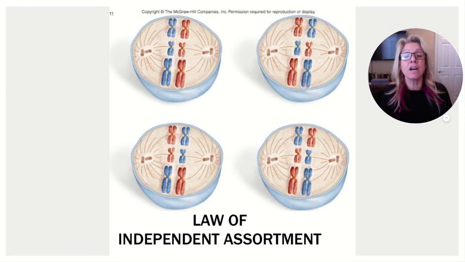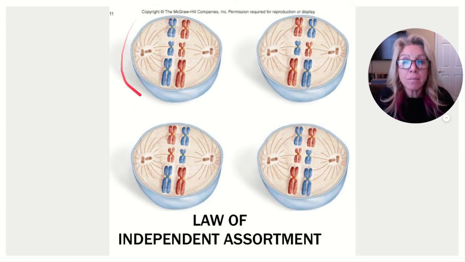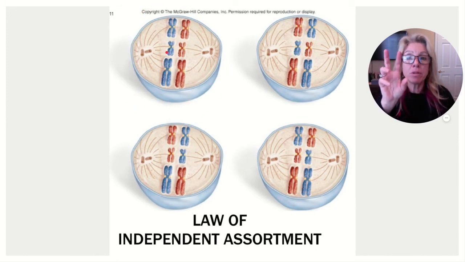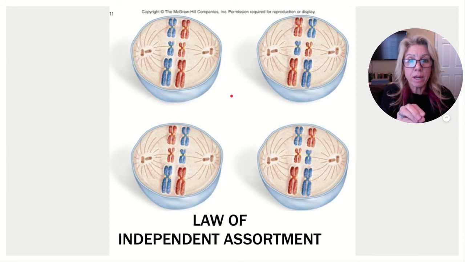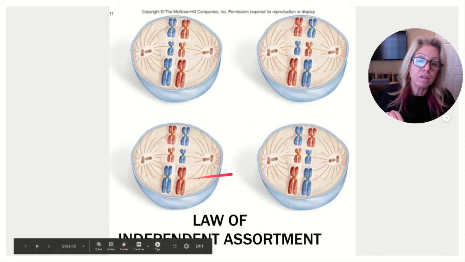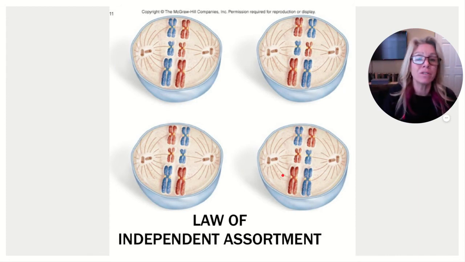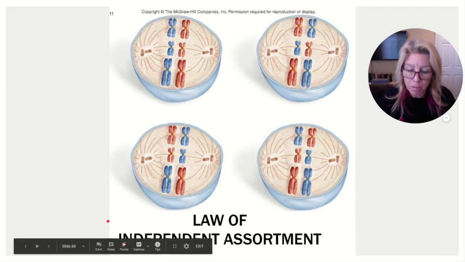So that is another form of variety in what gets separated to each of the gametes. If they lined up like this, then the gametes would get either all blues or all reds, right? If they lined up like this, the only variety would be in the smallest chromosome, right? So you can see all the different ways. And remember, we would have 23 of these all lined up here in the middle, 23 homologous pairs.